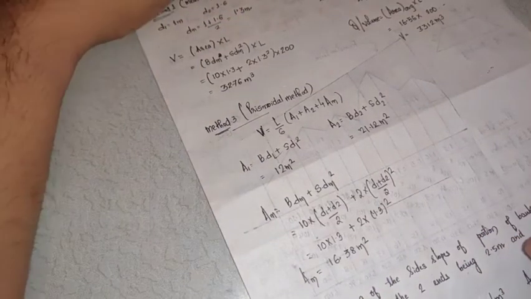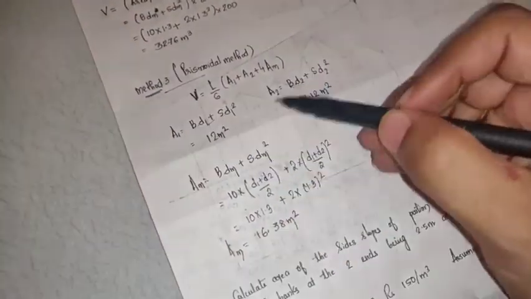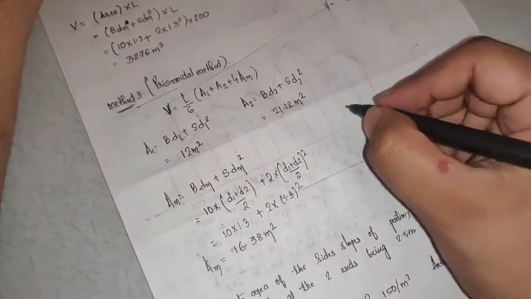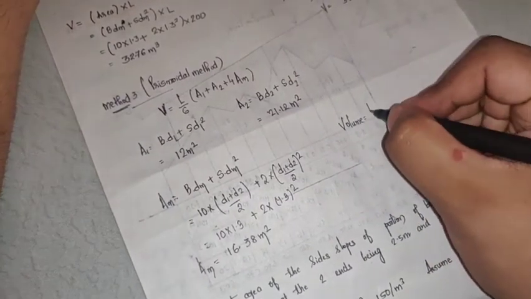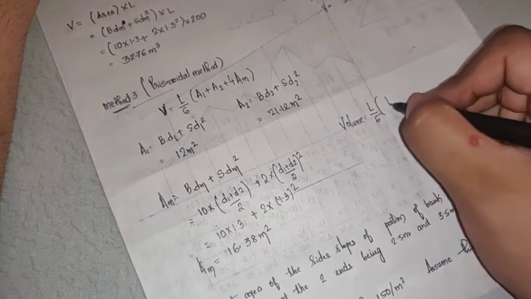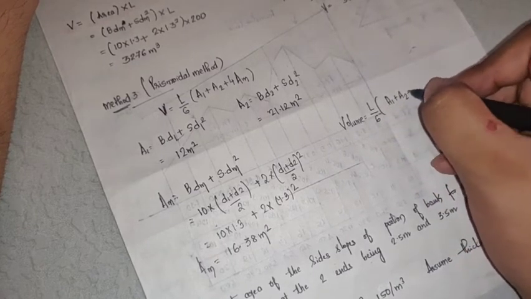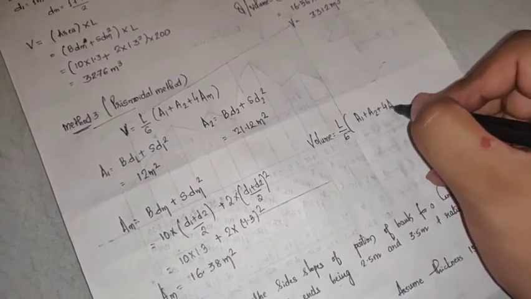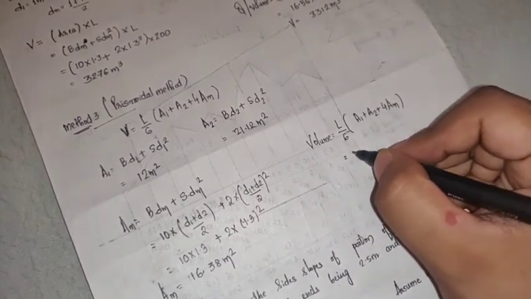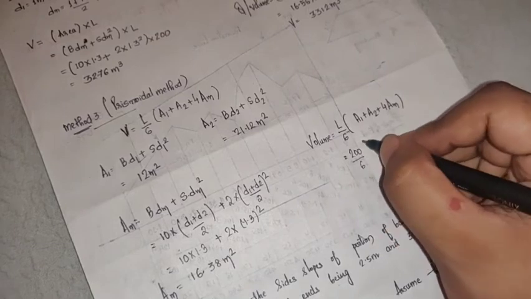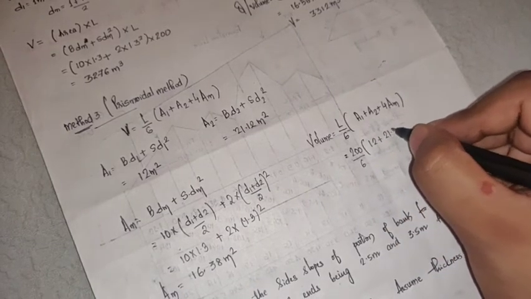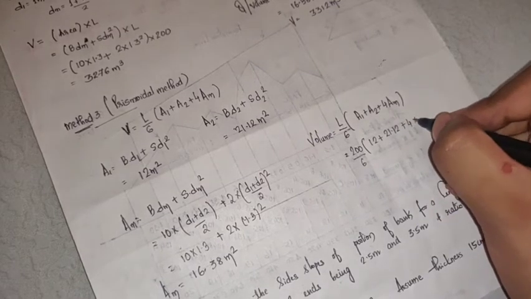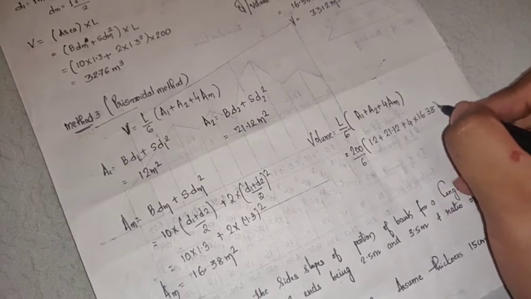That is the prismoidal method, right? So we know A1, A2, and the mean area. Directly substitute them. Volume is equal to L by 6, I'll write the formula once again, A1 plus A2 plus 4 of midsection area. So L is 200 by 6, A1 is 12 plus A2 is 21.12 plus 4 into 16.38.